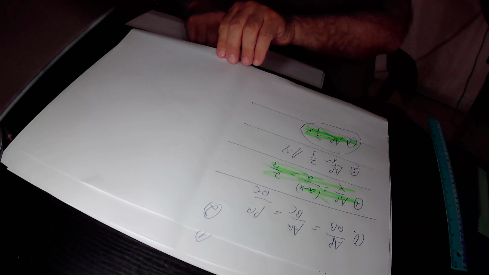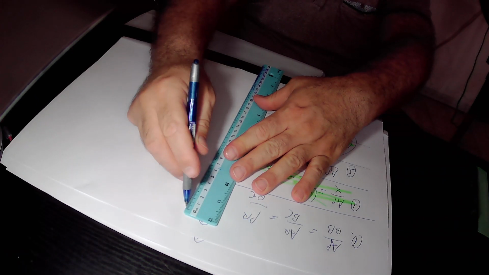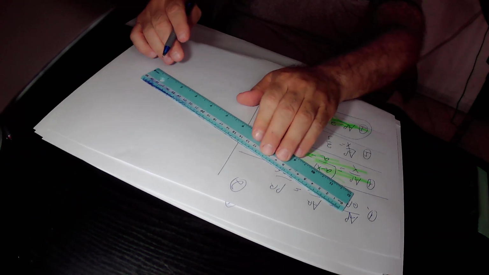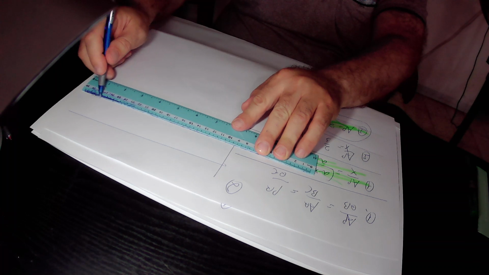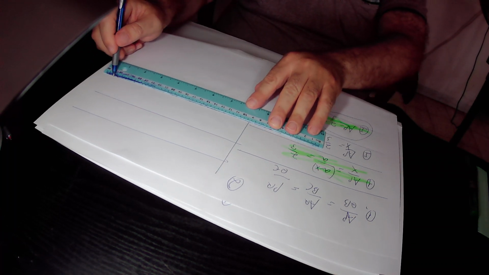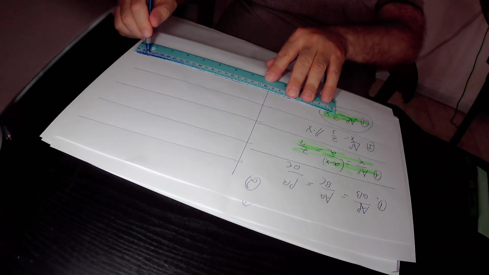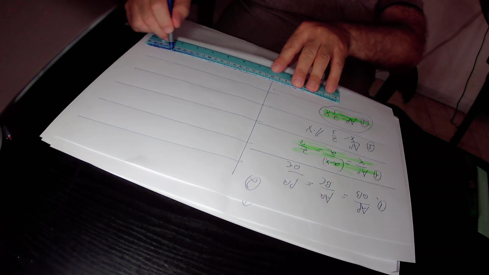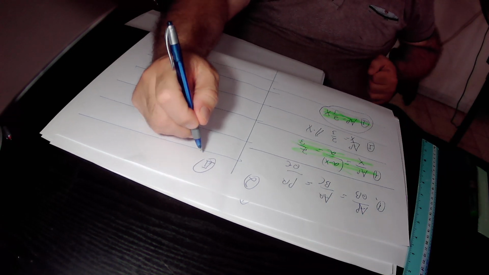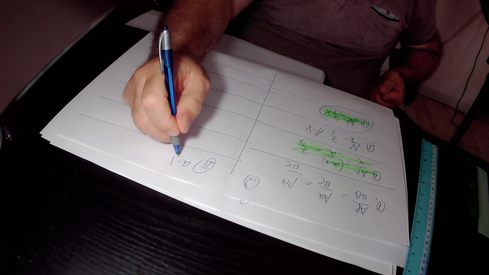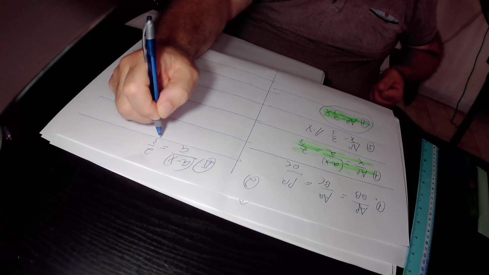According to equation 2, A minus X over A equals 2/3.